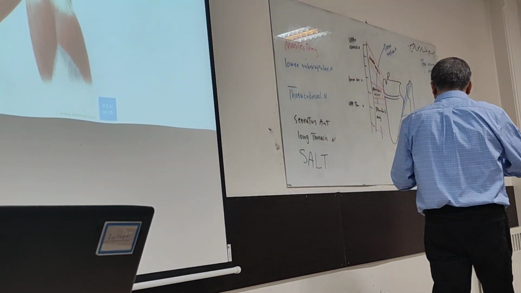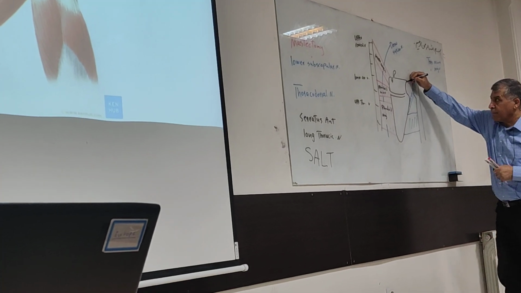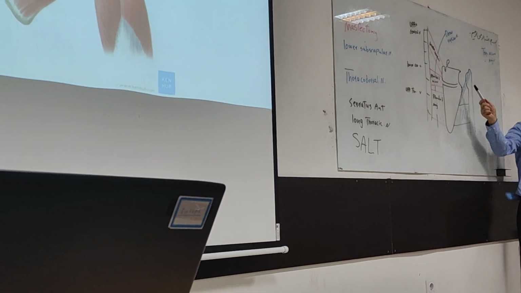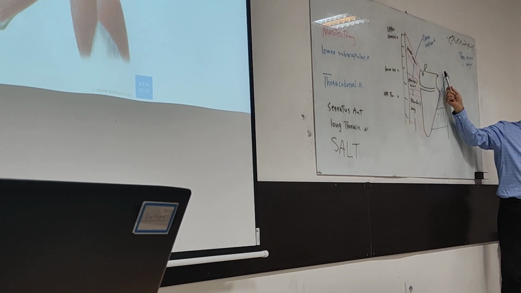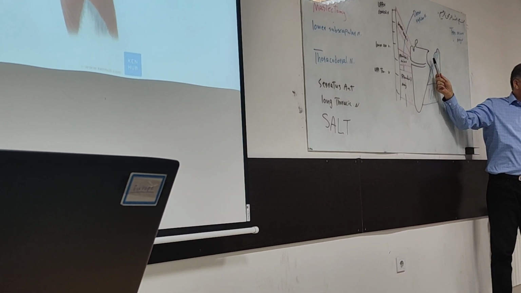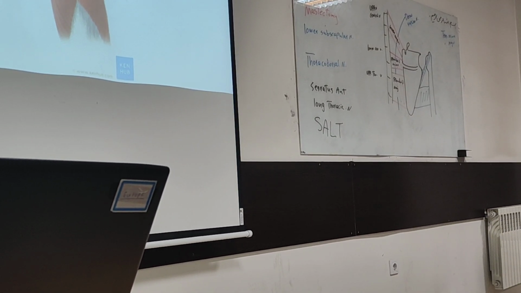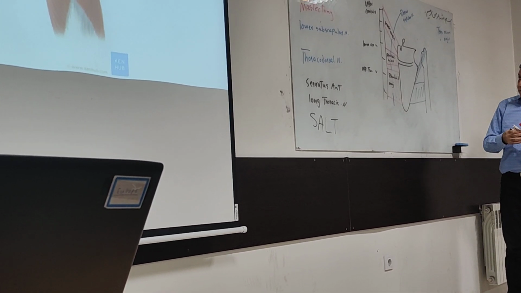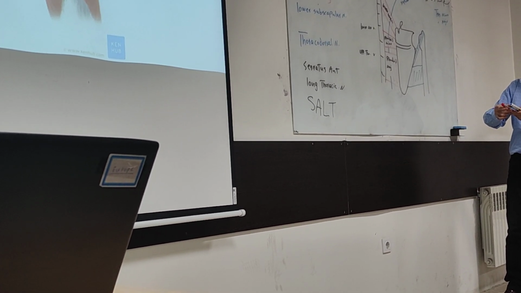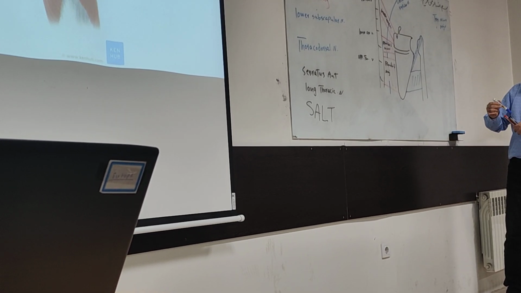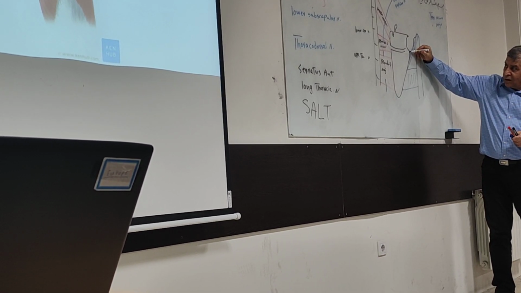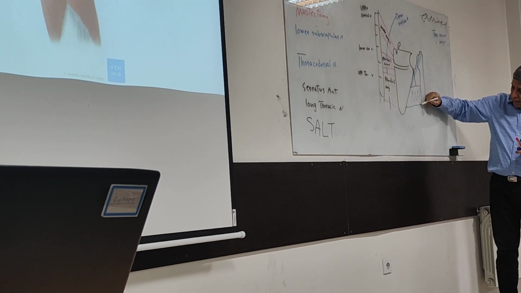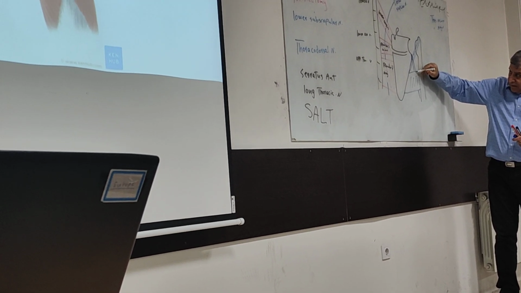What is this? Supra and infraglenoid tubercle. This muscle originates from the tubercle. This one, what muscle is it?